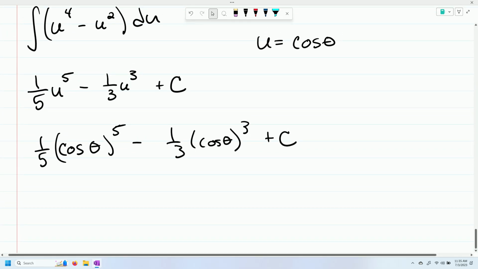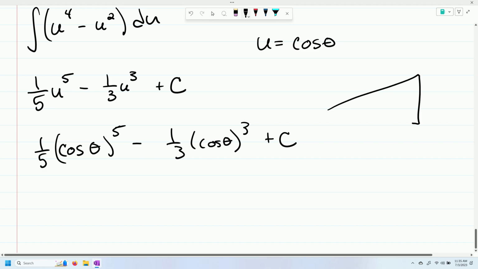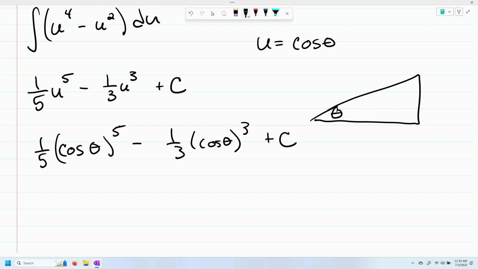And then finally, if we draw a right triangle and we remember that we used a substitution of sine theta, sine is opposite over hypotenuse, so it's going to be x over a. Well, in this case, it's going to be 1. So that's going to make this the square root of 1 minus x squared.